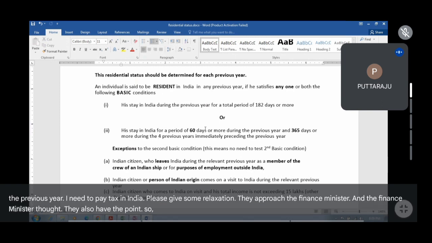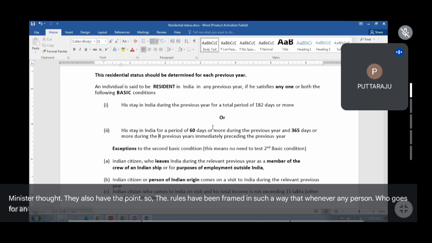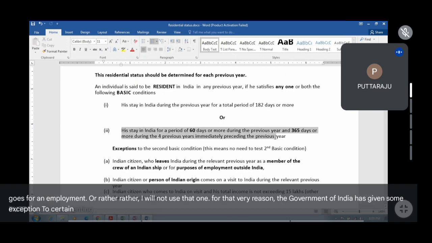So the rules have been framed in such a way that the government of India has given some exception to certain categories of persons.